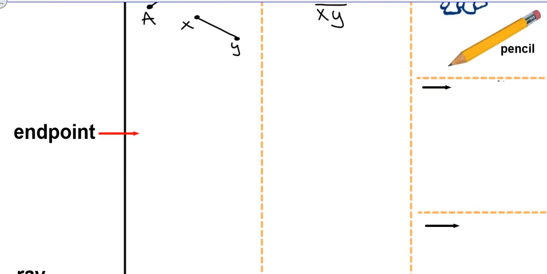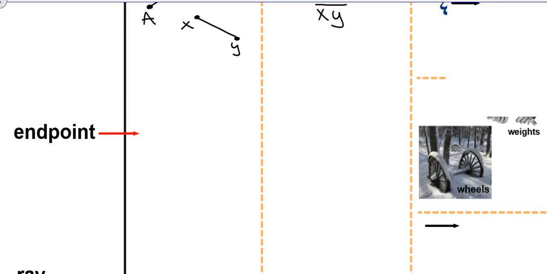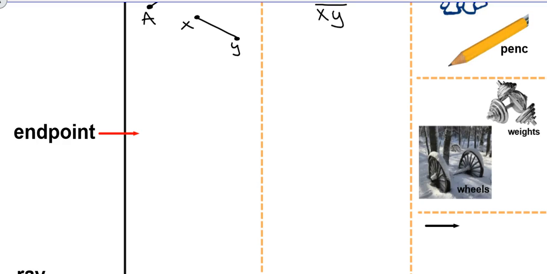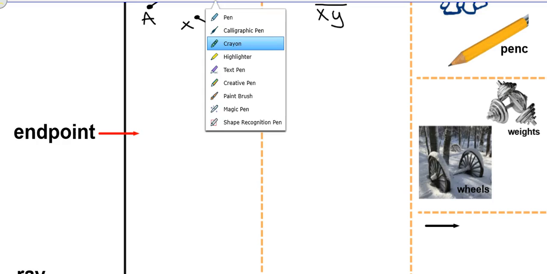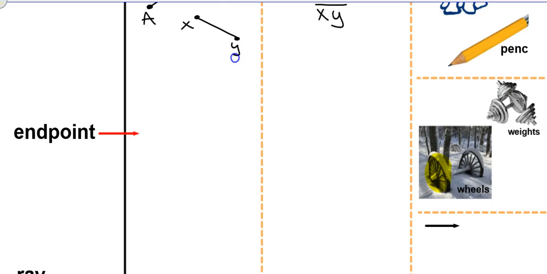Then, what about the next term, the endpoint? Well, the endpoint is something that looks like these. The endpoint is actually this part of the wheels, or it's the weights on the dumbbell.